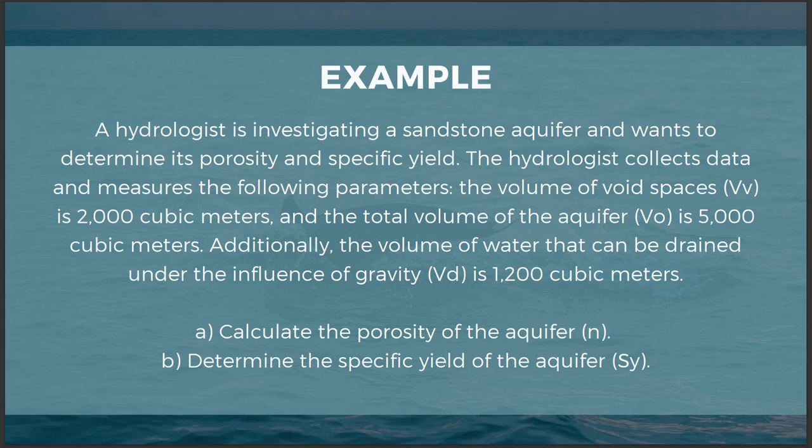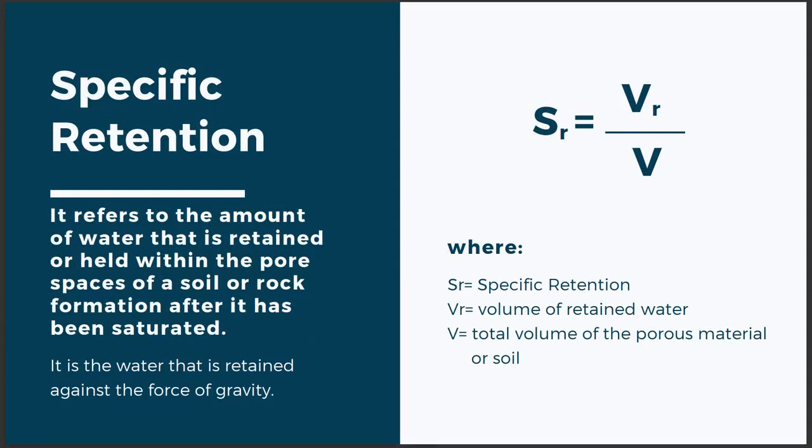Okay, so let's proceed. Next, let's talk about specific retention. So this is a property of our aquifers. It refers to the amount of water that is retained or held within the pore spaces of a soil or rock formation after it has been saturated, or it is the water that is retained against the force of gravity.